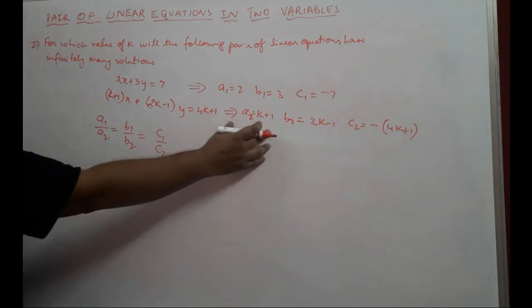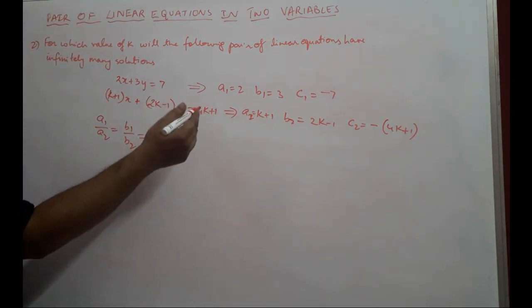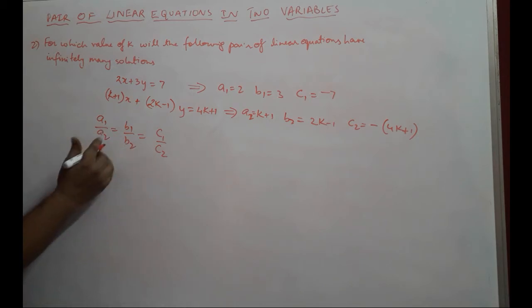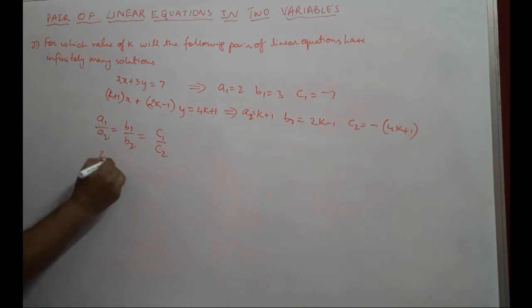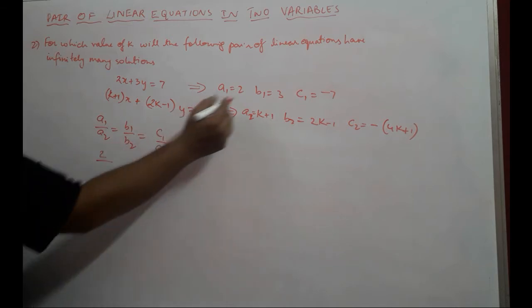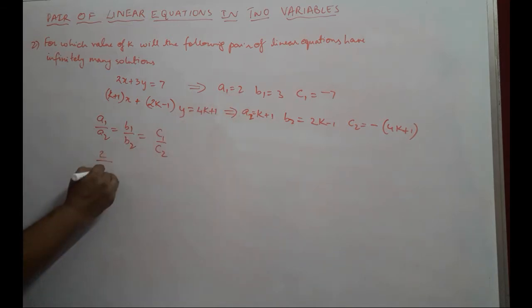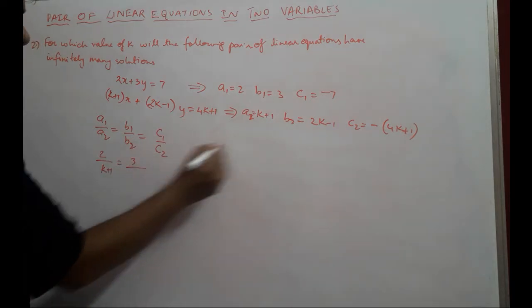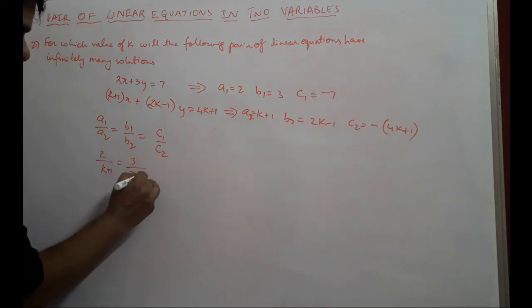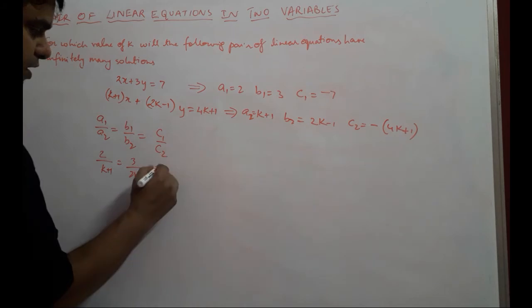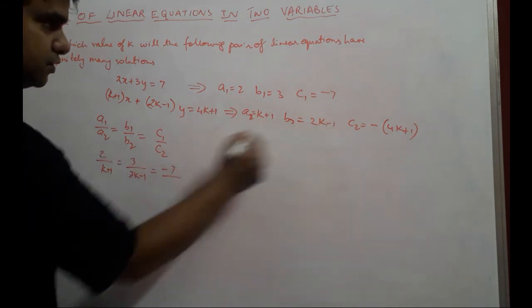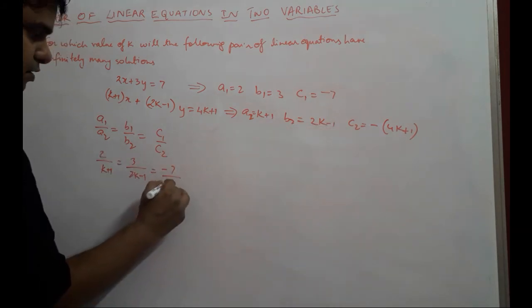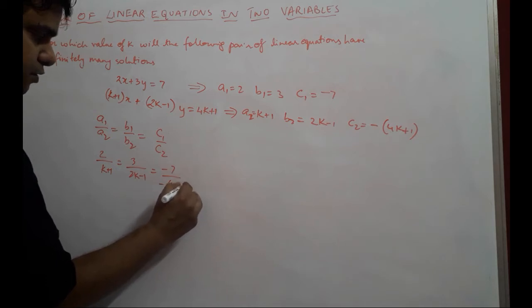So now let's substitute the values of all the coefficients over here. a1 is 2 and a2 is k plus 1, b1 is 3, b2 is 2k minus 1, c1 is minus 7 and c2 is minus in brackets 4k plus 1.